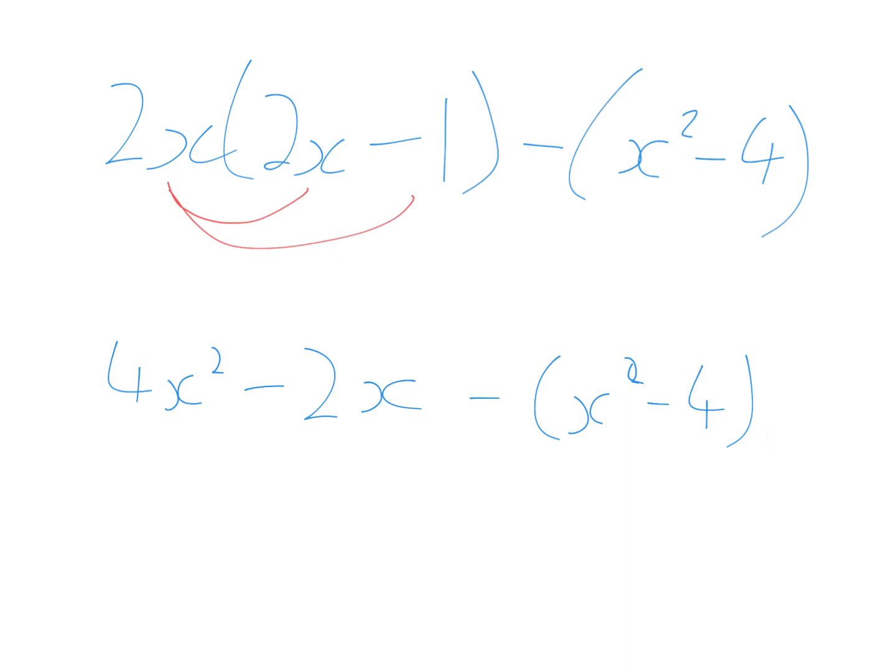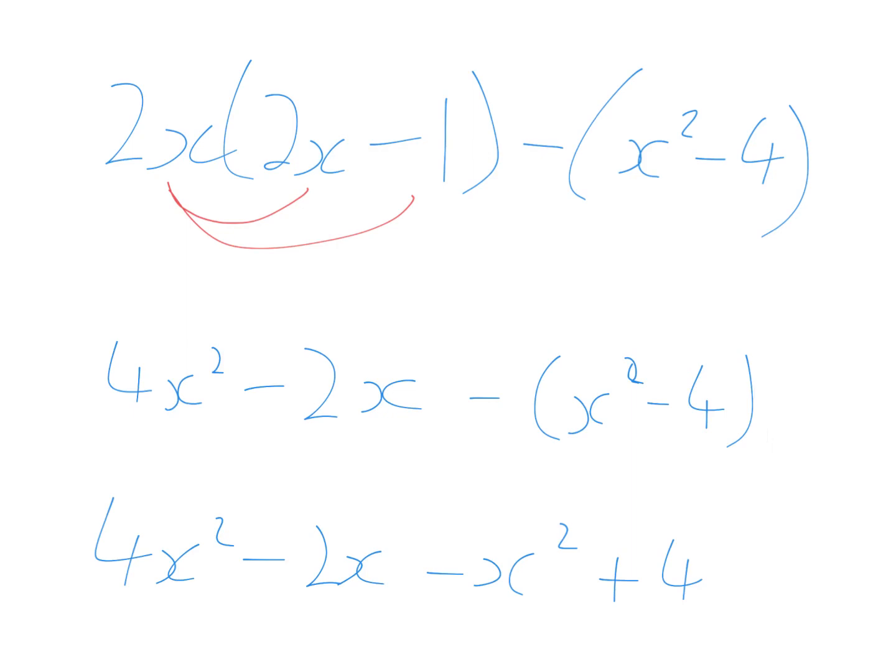So let's rewrite this. 4x squared minus 2x, we can just leave alone at the moment. But if we want to take away everything in this bracket, well, we're taking away an x squared. So take away x squared, and we're taking away minus 4. If we're subtracting a minus number, that actually ends up becoming a plus, right?